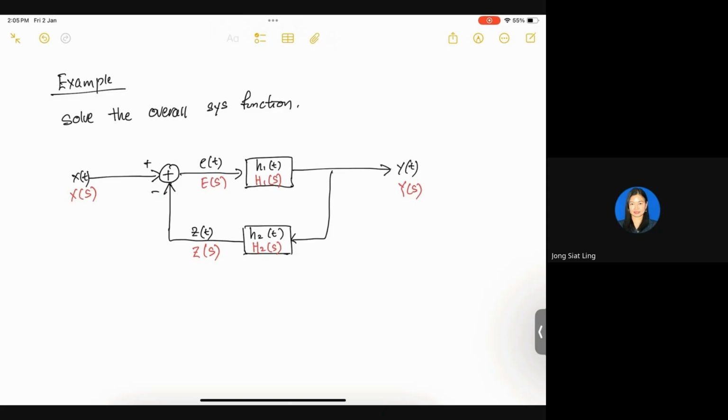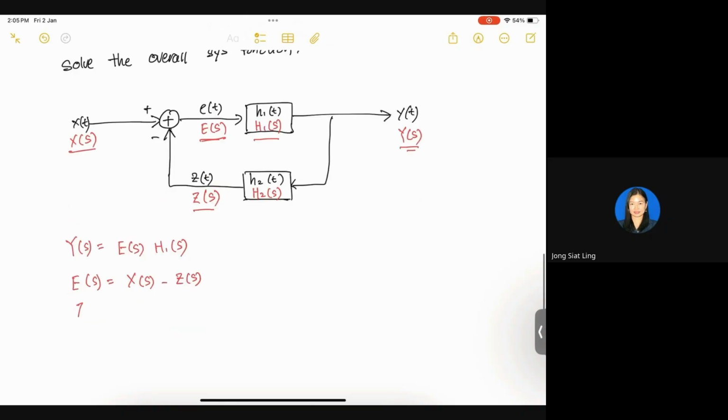So first of all, we look at the y. So Y(s) equal to E(s) multiplied with H1(s). So what about E(s)? E(s) here is referred to the X(s) minus Z(s). Then what about Z(s)? Z(s) is referred to H2(s) multiplied with the Y(s).